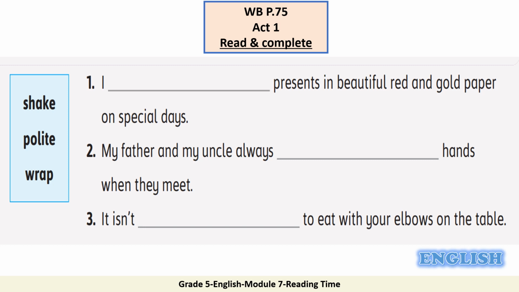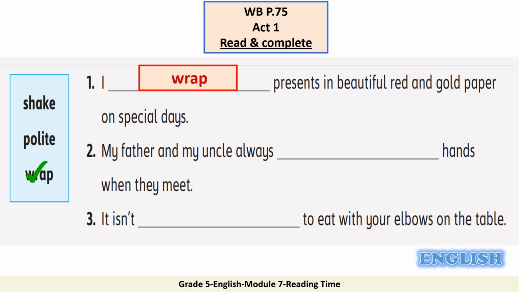Let's start. Number 1. I blank presents in beautiful red and gold paper on special days. What do you think? Excellent! I wrap presents in beautiful red and gold paper on special days. Number 2.